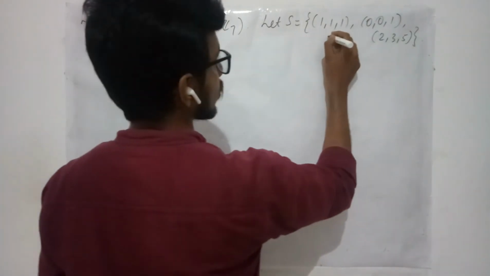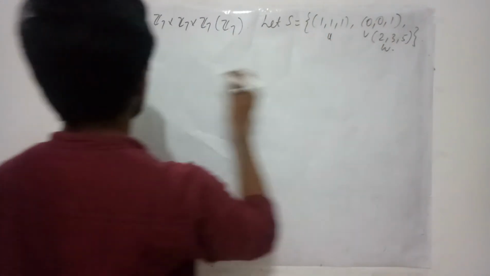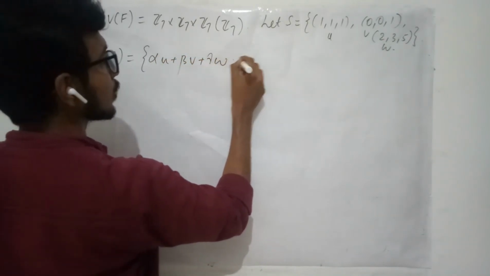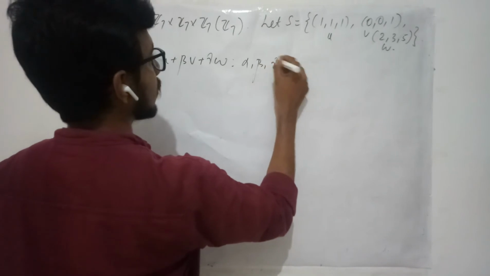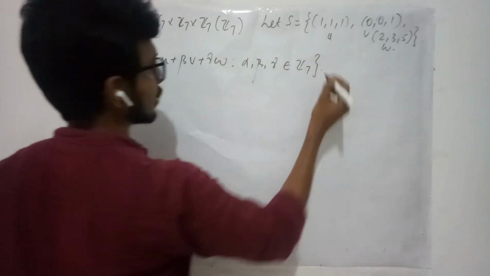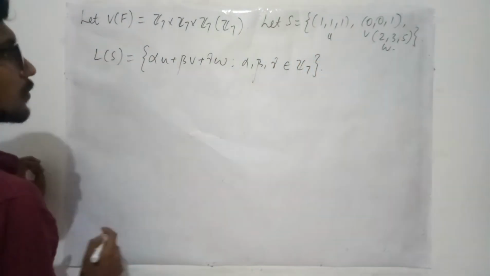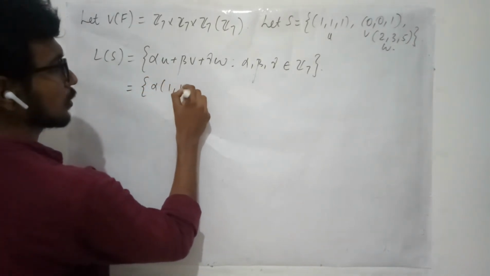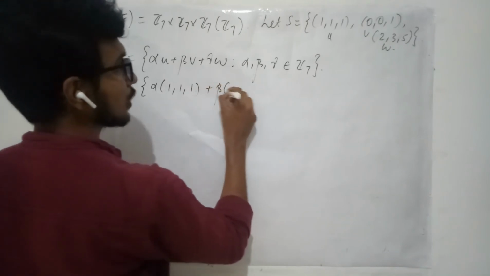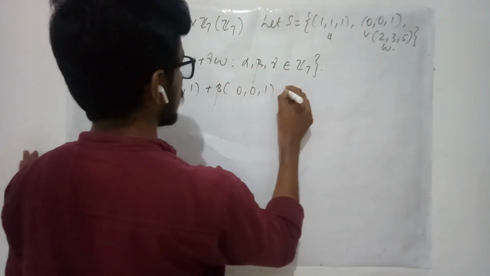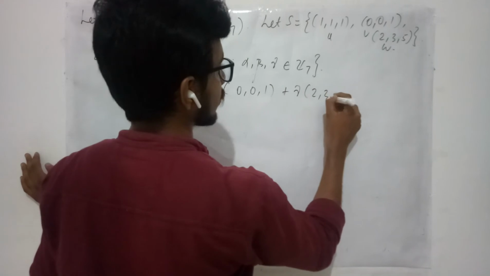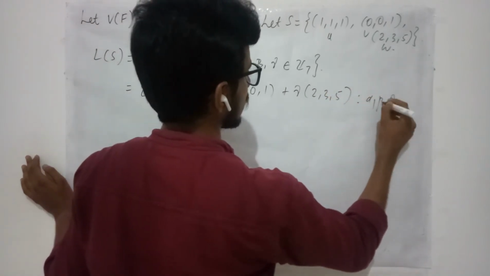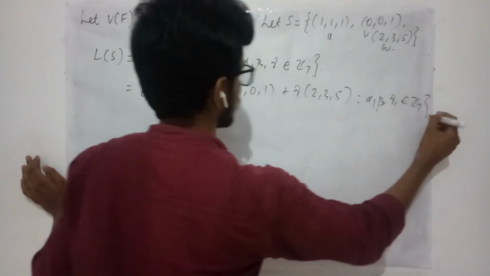If I take these as U, V and W, this is going to be alpha U plus beta V plus gamma W, where alpha, beta, gamma are the entries taken from Z7. Right? So it is alpha times of (1, 1, 1) plus beta times of (0, 0, 1) plus gamma times of (2, 3, 5), where these are taken from Z7.